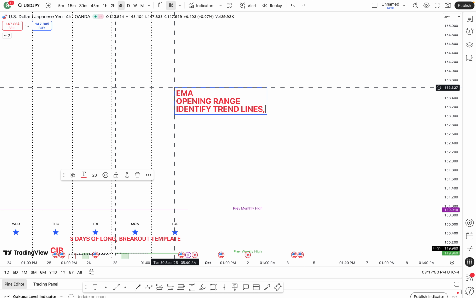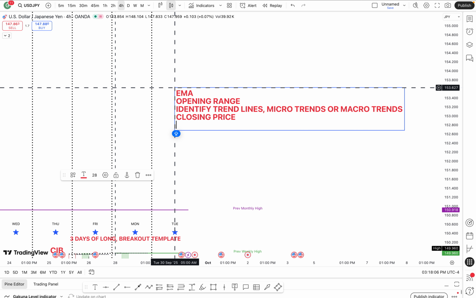Now there can be micro trends, or macro trends. Now also closing price. You also need to identify the Asia box. Also need to identify the session.